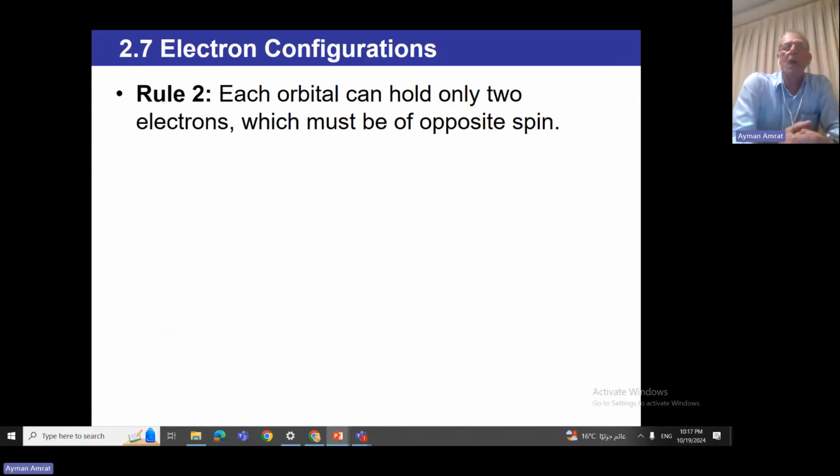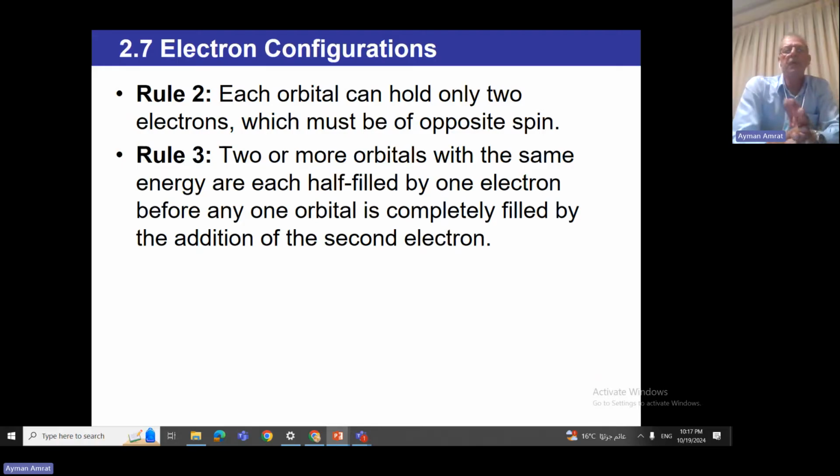Rule 2: each orbital can hold only two electrons, as mentioned before, which must have opposite spin. If there are two electrons in one orbital, one of them should spin upward, the second should spin downward. Rule 3: two or more orbitals with the same energy are each half filled by one electron before any one orbital is completely filled by the addition.